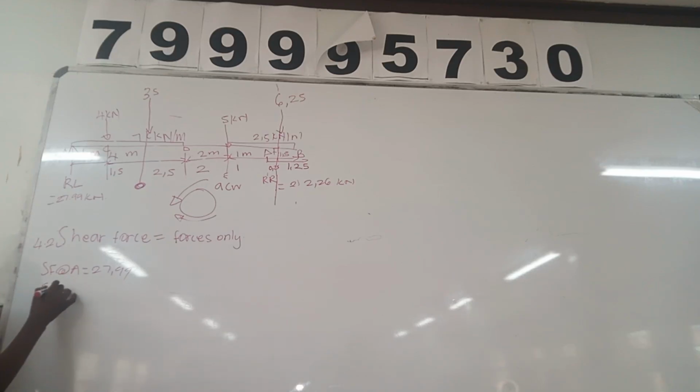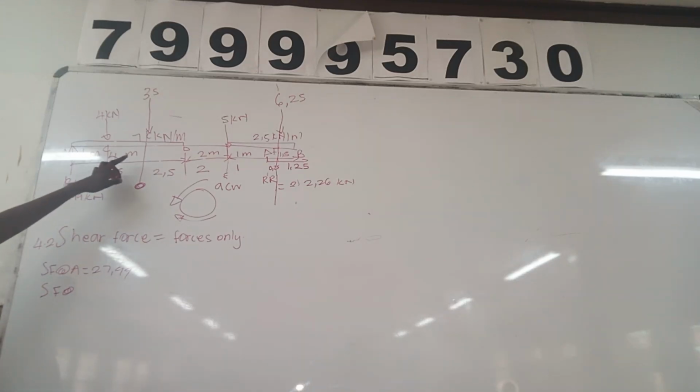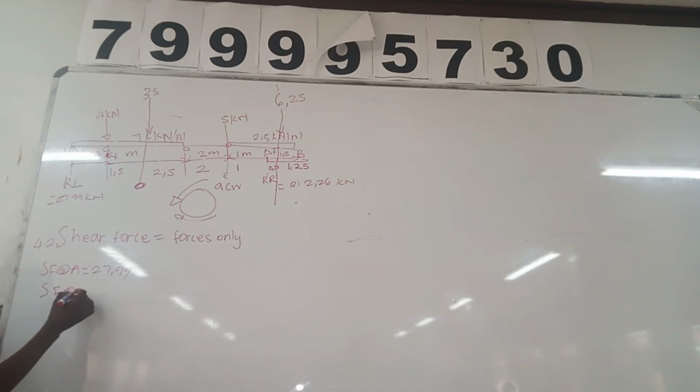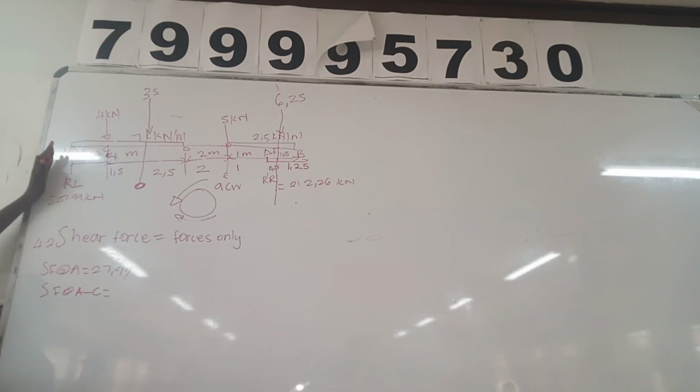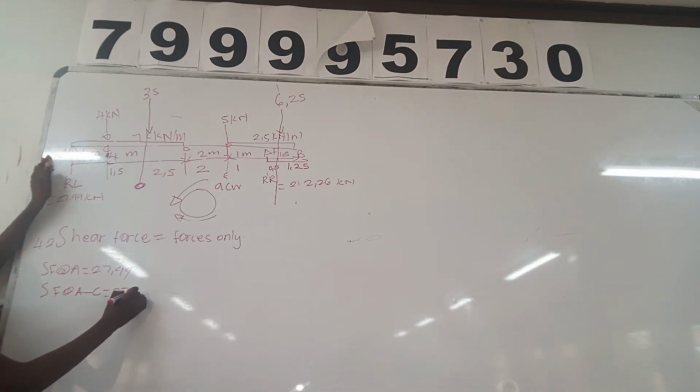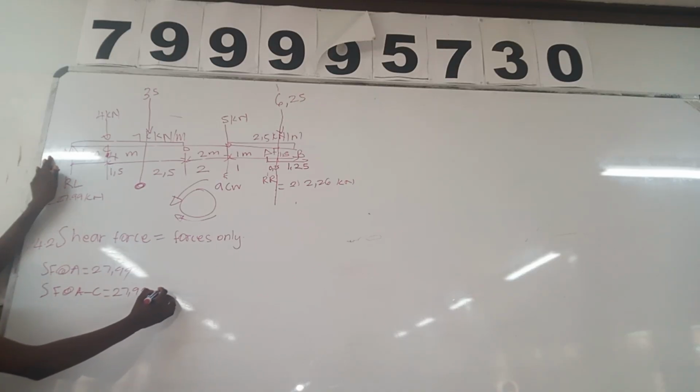Then the shear force from A to C. You see here, this is C. Is there a force? Remember, shear force is forces only. So it's 27.99 minus 7 times 1.